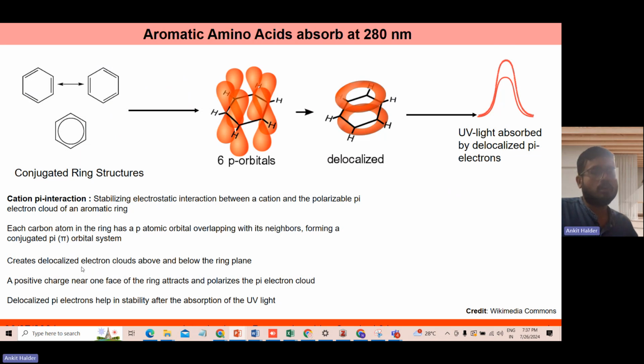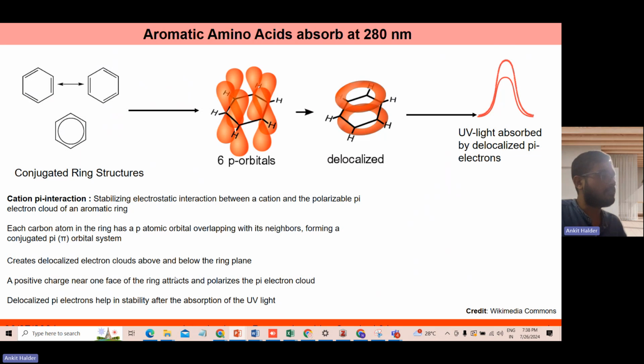Since they are delocalized, once they absorb your UV light, they go to the higher energy level, and it helps to make it stable. The bonds do not break down because they are delocalized, and they can absorb the energy and go to a higher energy phase and still keep the bond intact.